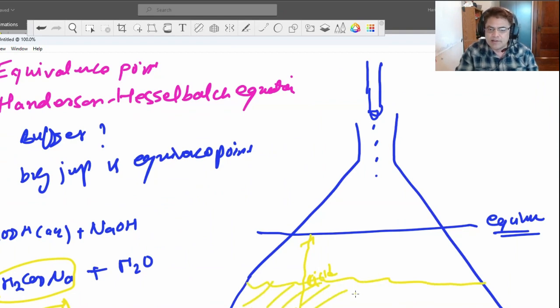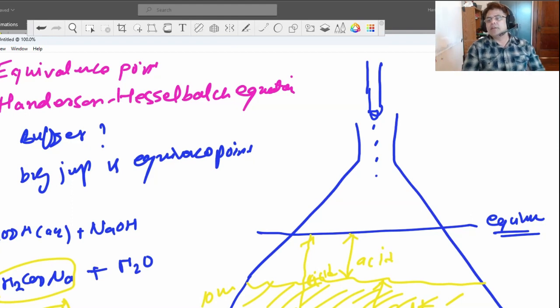If this is 10 ml and you neutralize that much, again you have this much salt and this much acid, right? So what is happening here is you are getting a mixture of salt and acid in your titrant. That's why it behaves like a buffer, right?